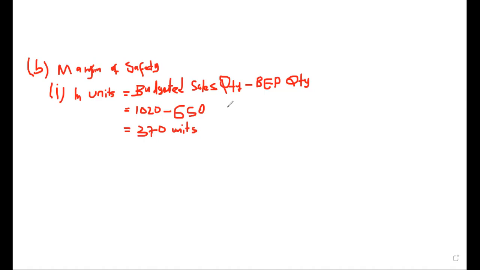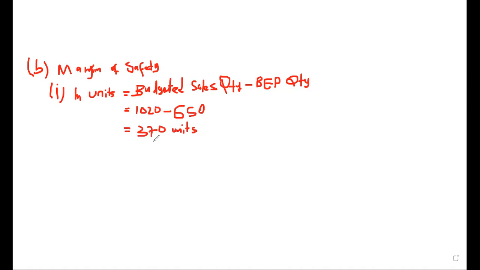So if we are to make a profit, we should make more than 650. If we are making 650 units plus extra units, which are within the 370, it can be 200, it can be 150, it means at that level we are okay, we are making a profit.